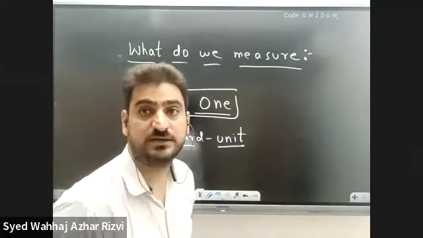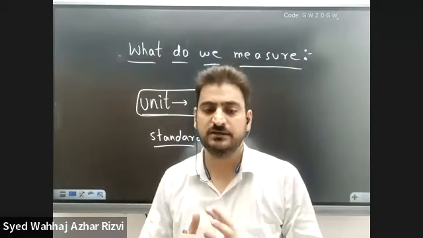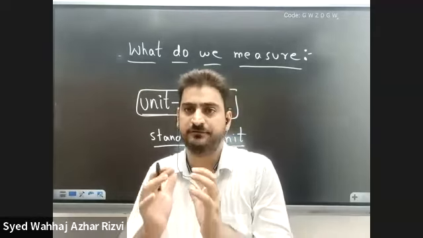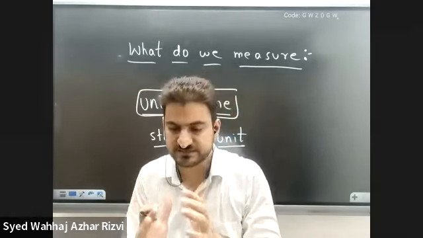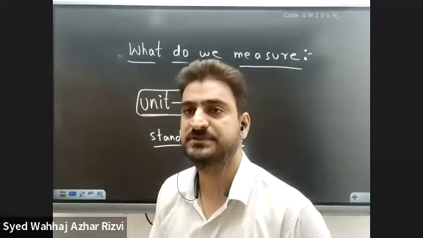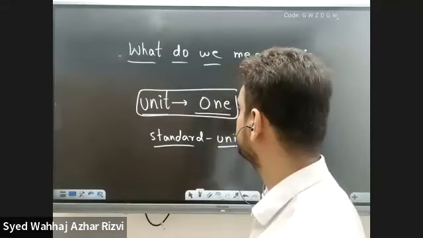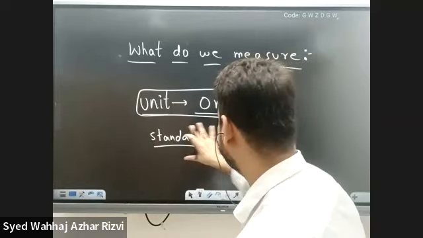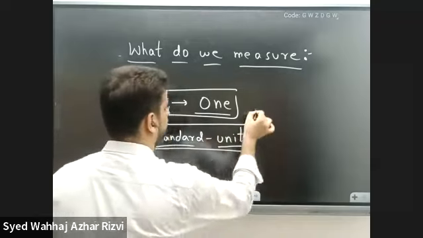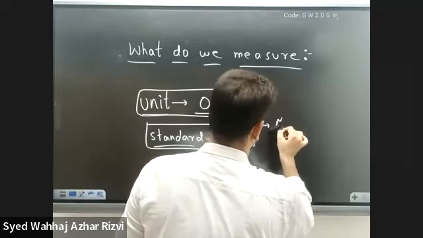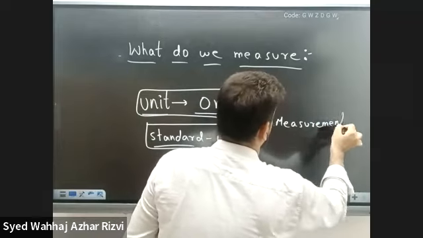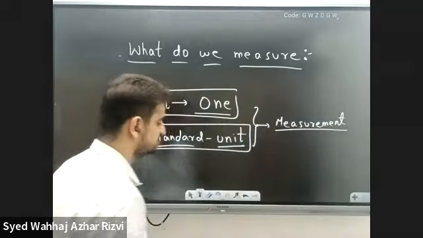What does the standard unit mean? The standard unit means that there are certain references that we have fixed for ourselves based on which we measure something. So when we are talking about units and standard units, we are basically concerned with the idea of measurement.